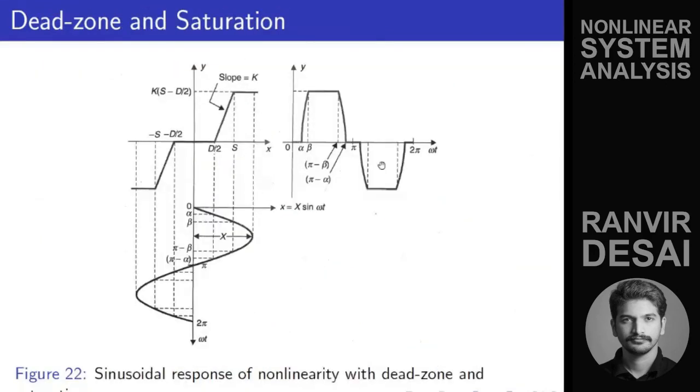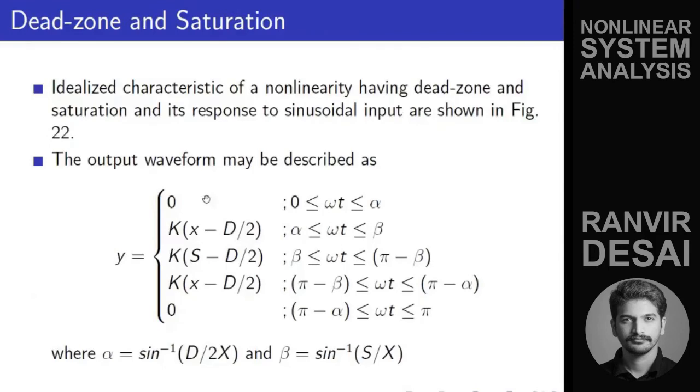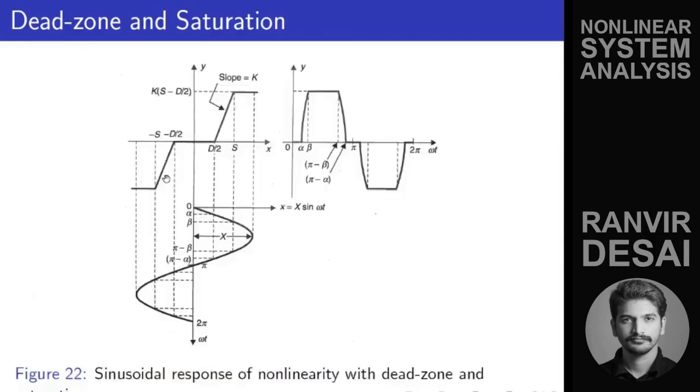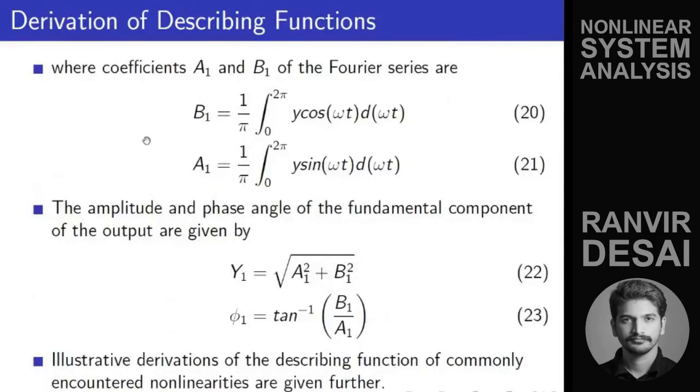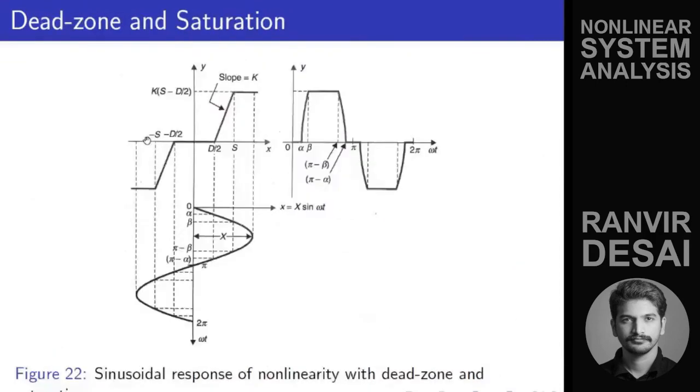There is some analysis we need to do. For describing functions, we have the 5 common physical nonlinearities, and we find the describing function for all of them. If they are combined nonlinearities, then that describing function may be different. This is generally the dead zone as well as saturation, where this d/2 represents your dead zone, and this part is saturation.